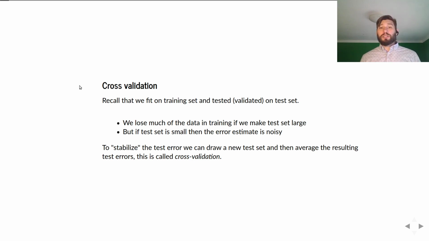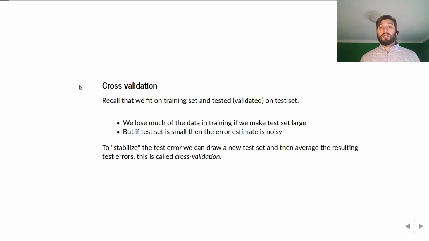So when you do this training test split, it seems a little sloppy, right? You hold out 2/3 for the training set and 1/3 for the test set, and then you lose a lot of the data in training if you make this test set large, but if you make the test set too small, then you won't have a decent estimate of your true risk. So if this test set is small, we use cross-validation to stabilize this test error.